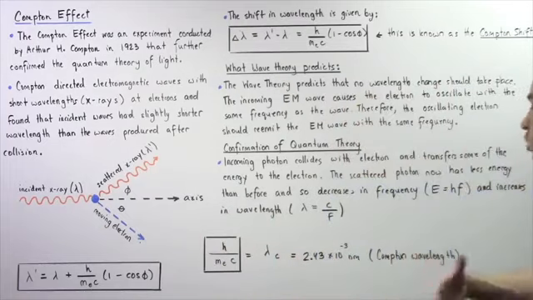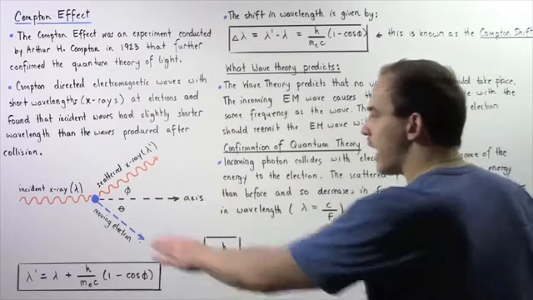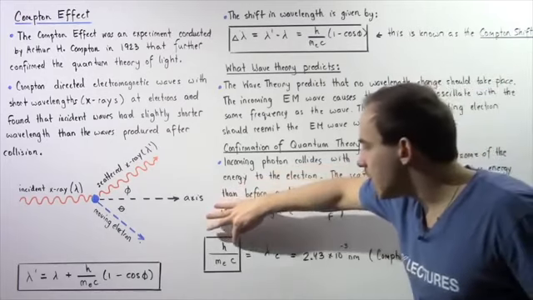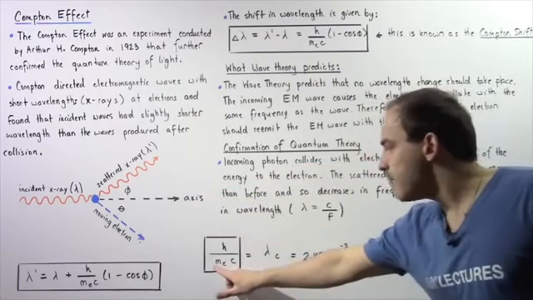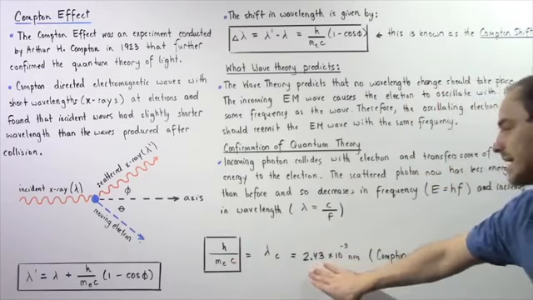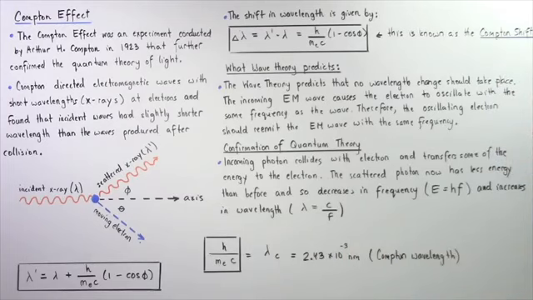It's the wavelength of that electron that moves away after that collision takes place. If we plug in Planck's constant, the mass of the electron, and the speed of light, and divide, we get the following quantity: 2.43 times 10 to the negative 3 nanometers.